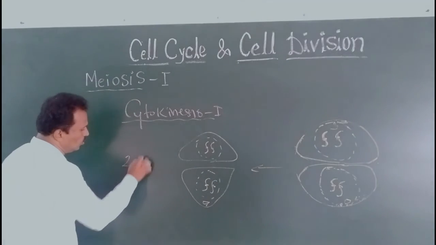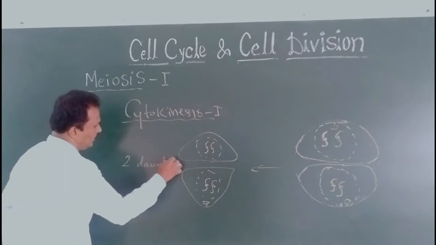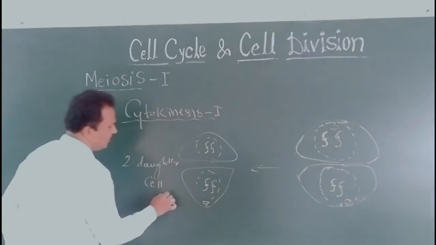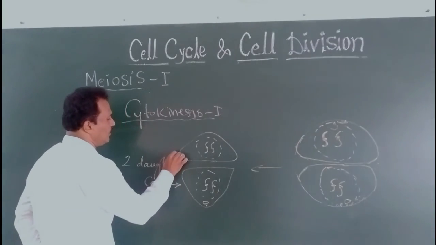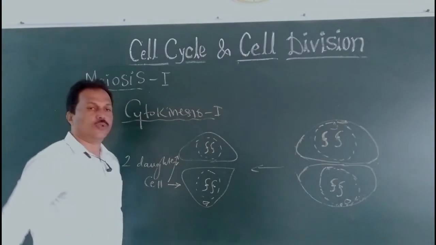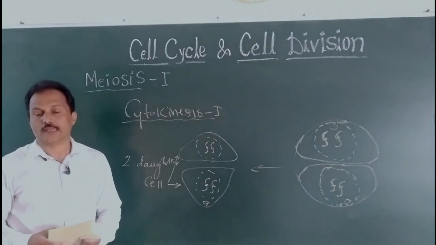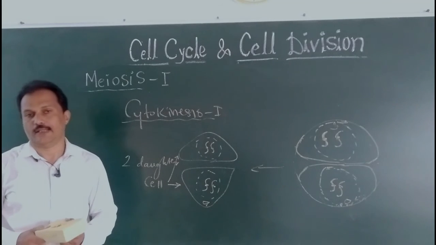These are the two daughter cells which are formed. This is one and this is another one. So two daughter cells are formed in cytokinesis.